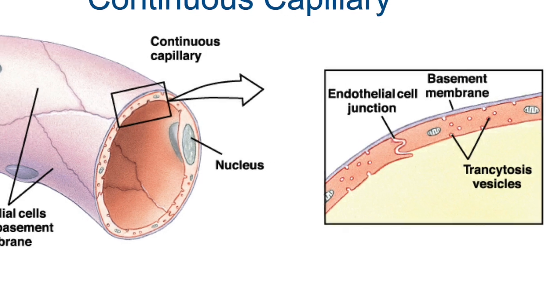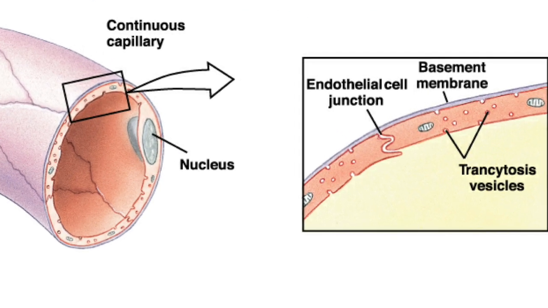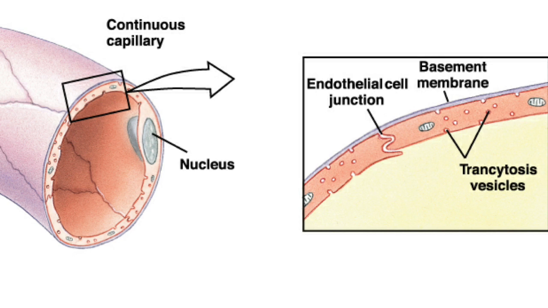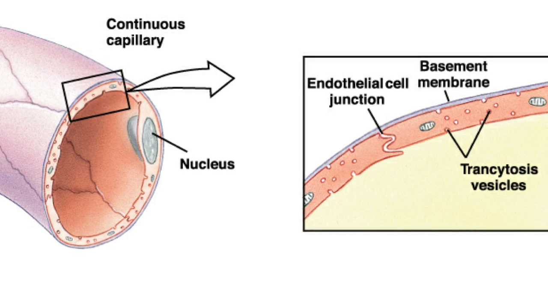Now we'll get, like I say, into a few of these different subtypes here. So one type is what's called a continuous capillary. These are capillaries in which the junctions are tight, the cells are packed in closely together, and the result is a fairly impenetrable capillary. This is not leaky; this is kind of the other extreme. This is the blood-brain barrier type capillary that lets very little pass through it.